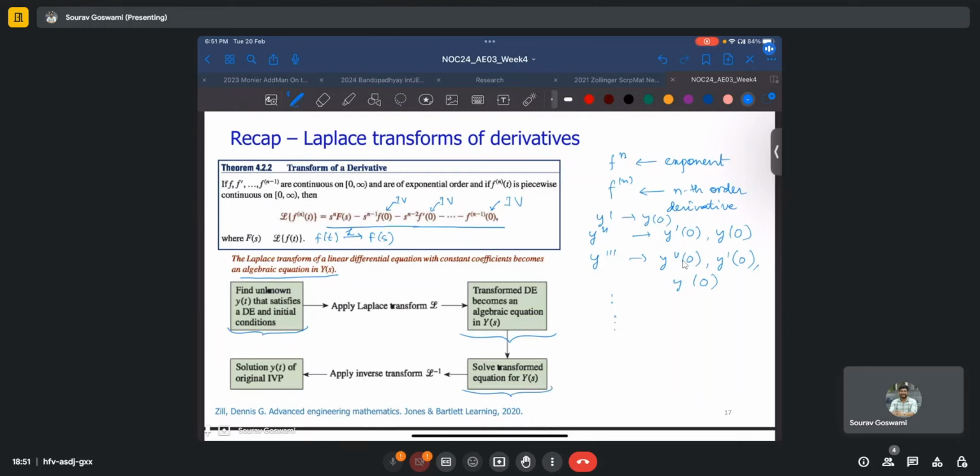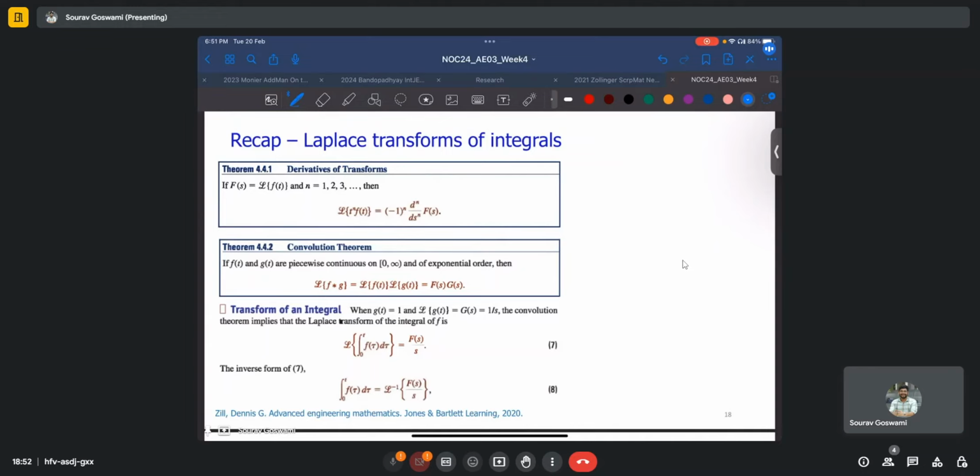Similarly, the convolution theorem, which Professor Day also touched upon in his lectures, suggests that if f and g are piecewise continuous on the interval 0 to infinity and of exponential order, then the convolution f * g shall have the transform given by the Laplace of f of t times the Laplace of g of t.